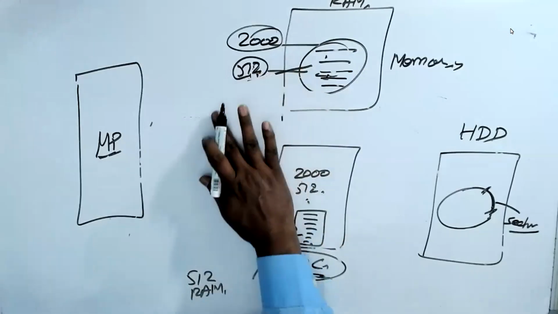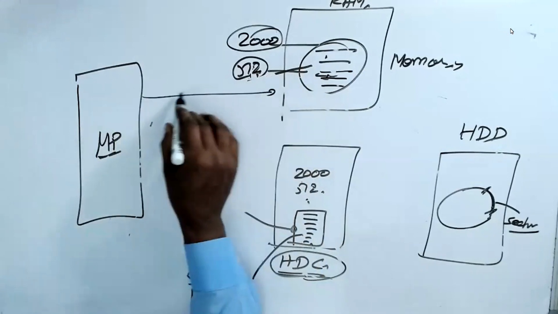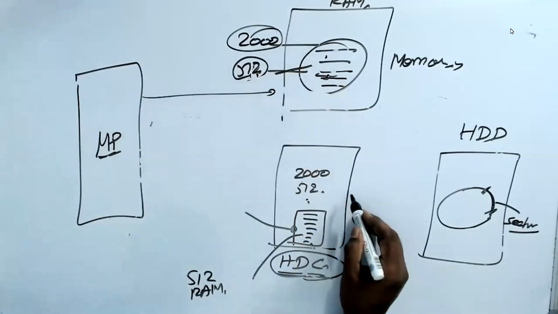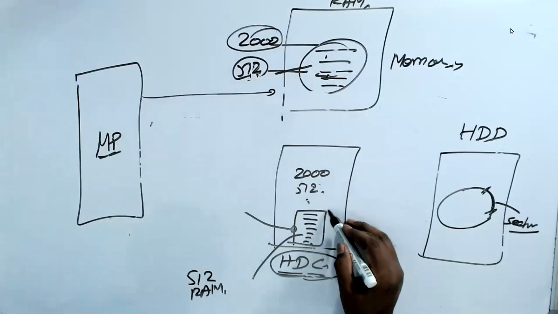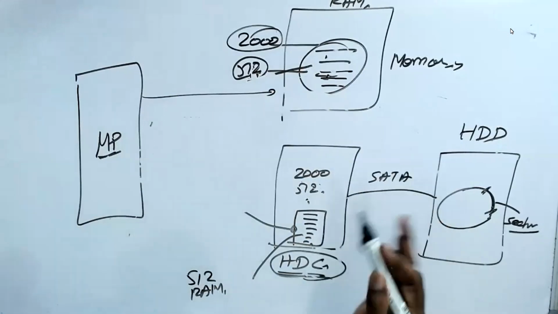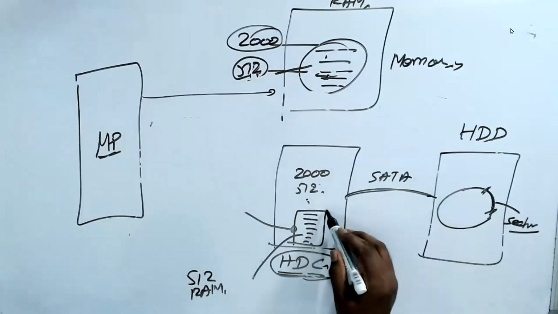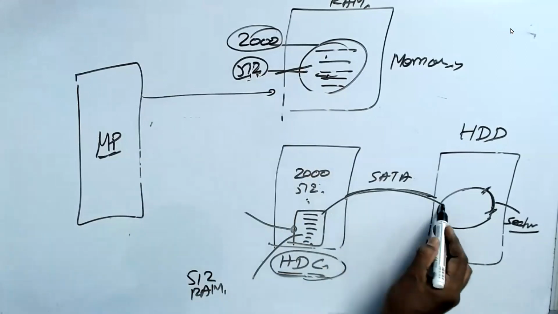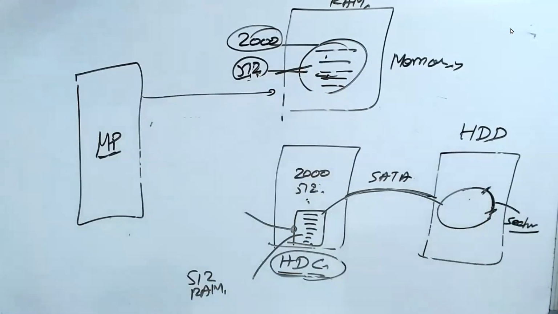Then he will release it to the microprocessor, which will start doing its operations. Now the controller will slowly send the data to the disk, via SATA or whatever interface it is. Understand now?